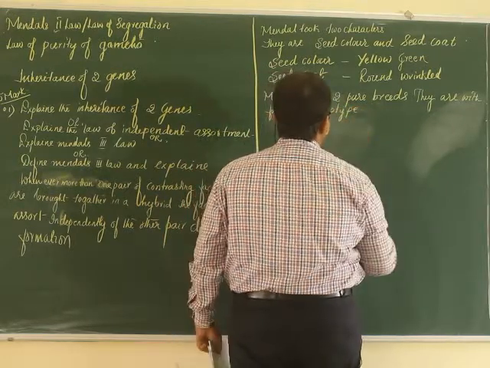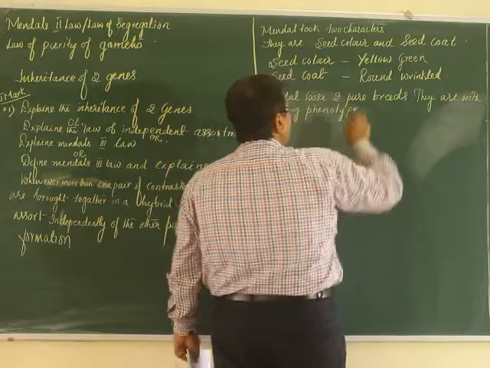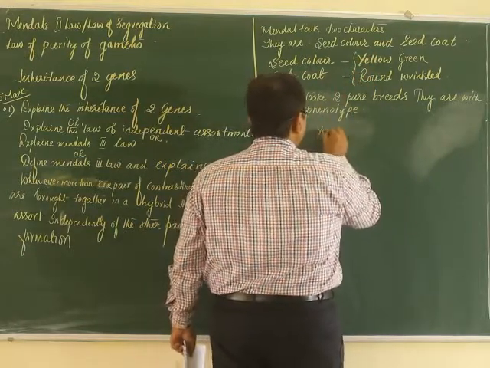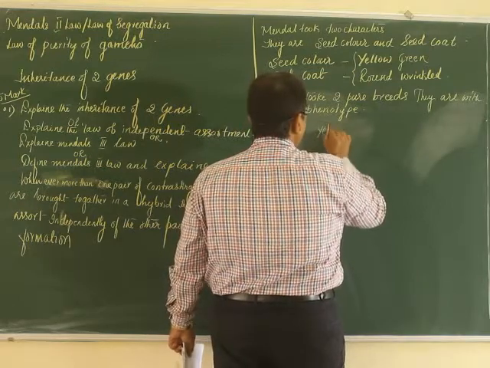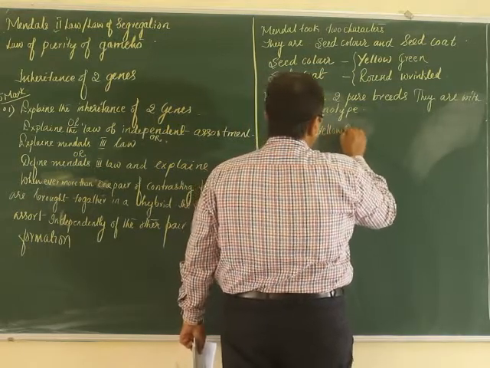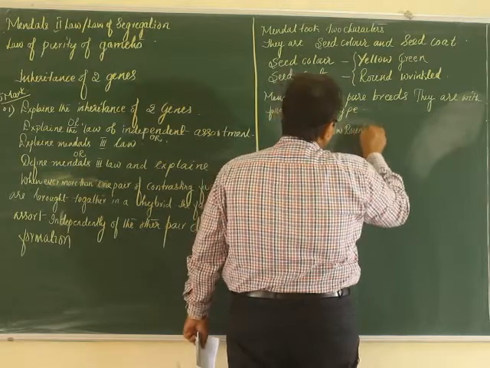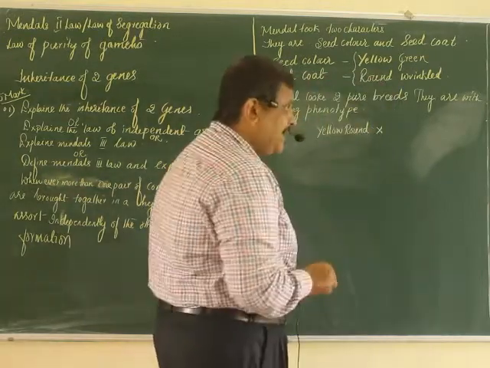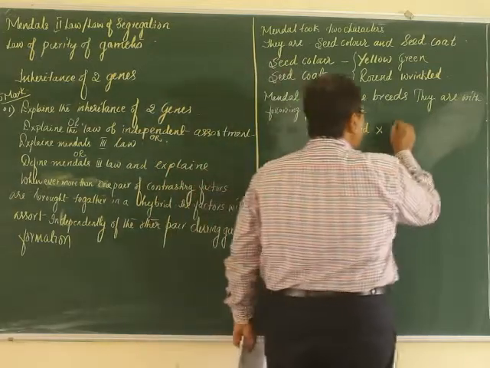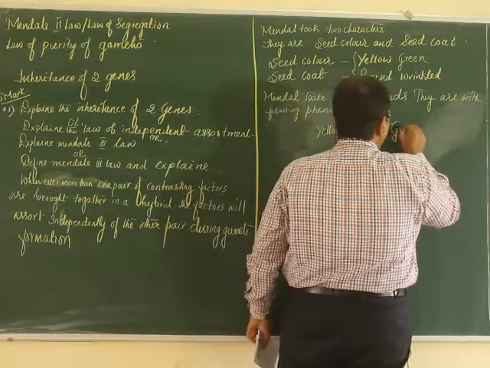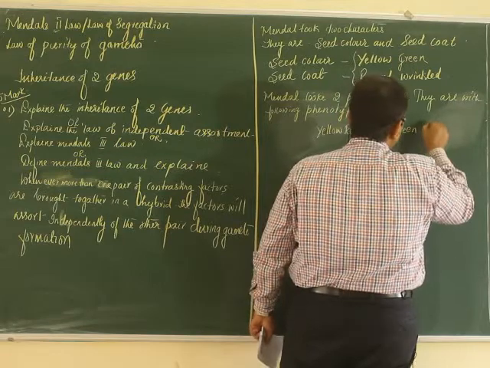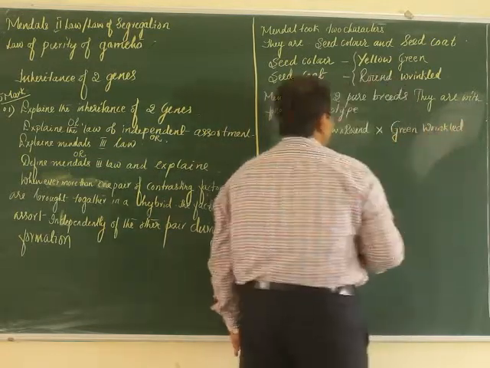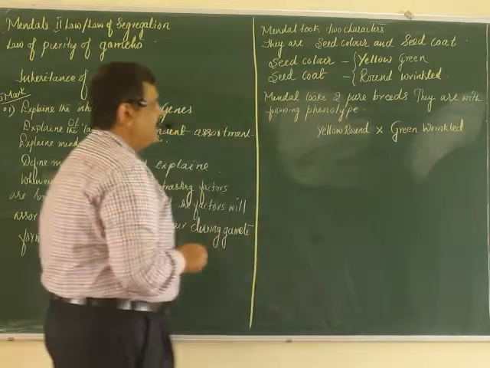What are the phenotypes? He took a yellow round plant, yellow round, and crossed it with another plant with green wrinkled. Green wrinkled.